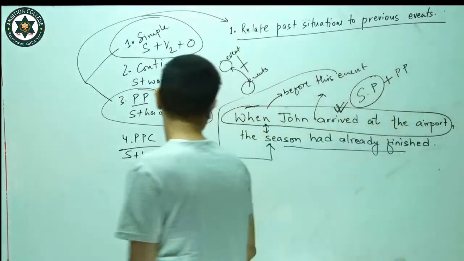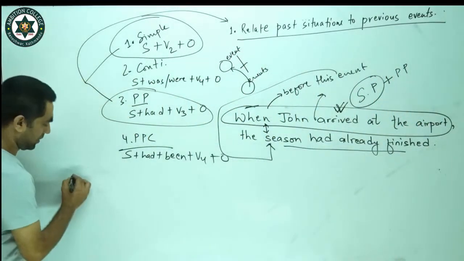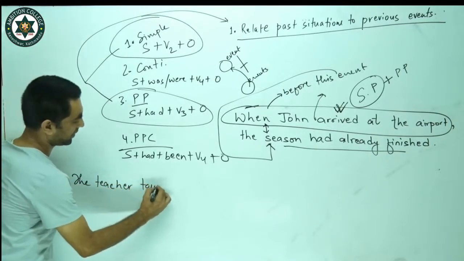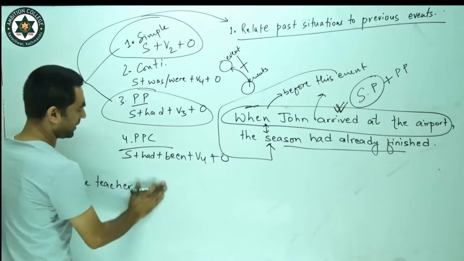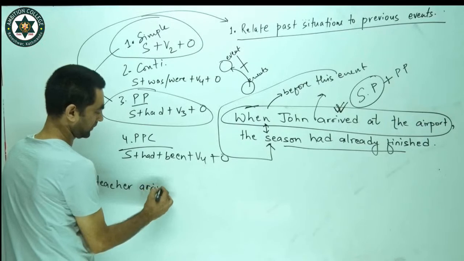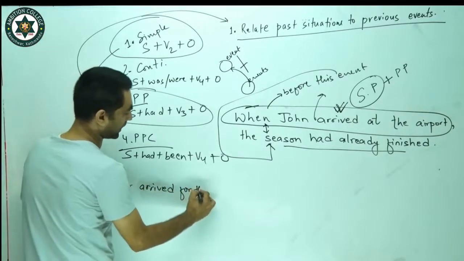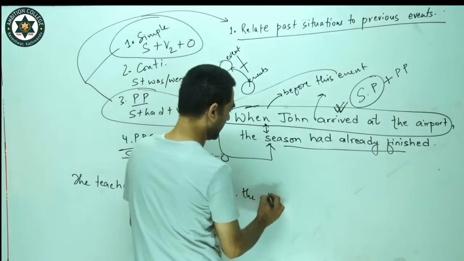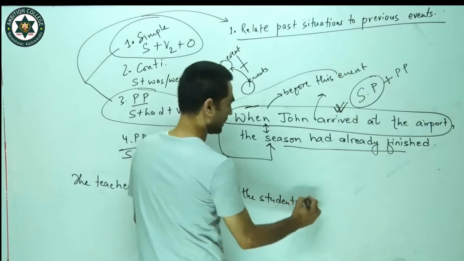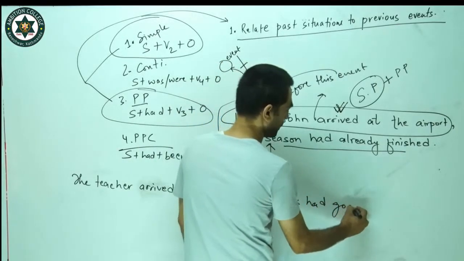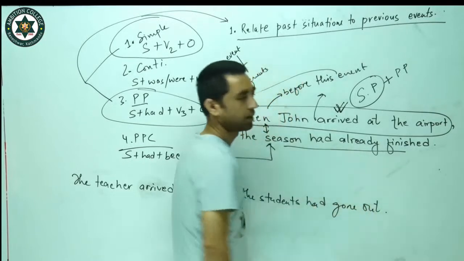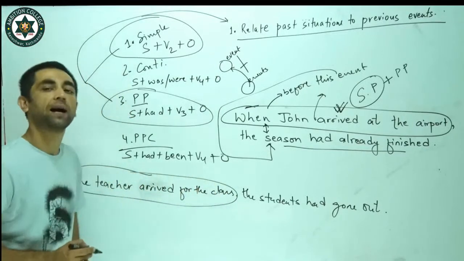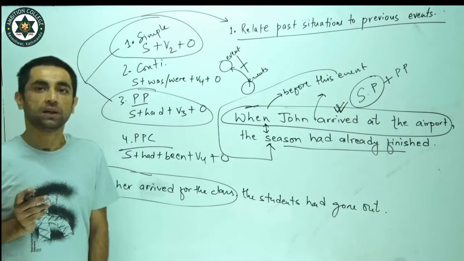For example, the teacher arrived for the class, but the students had gone out. Now the teacher arrived for the class. This is one event that happened in the past.